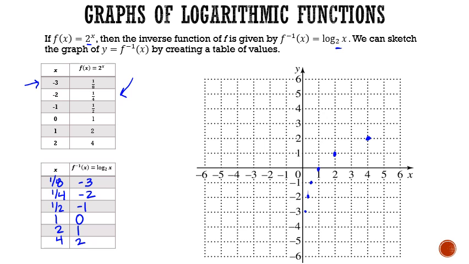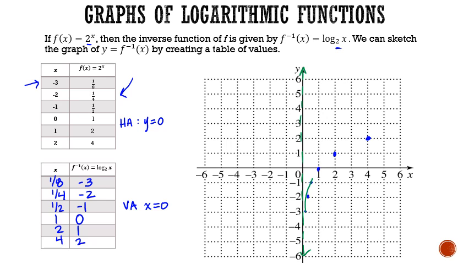And this exponential function has a horizontal asymptote at y equals 0. So again, if you switch the x and the y's, that means that this logarithmic function is going to have an asymptote at x equals 0, which ends up being a vertical asymptote. Okay, so this is what that graph looks like.